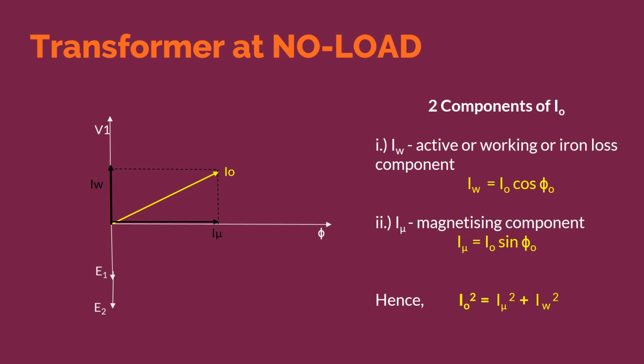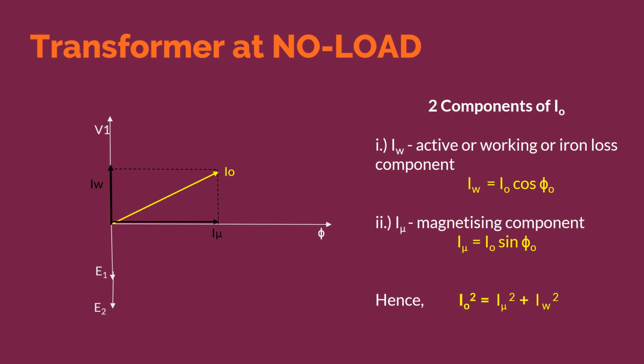The no-load condition of an actual transformer is shown vectorially in our figure. As you can see, the primary current I sub O has two components: the I sub W, or the active or working or iron loss component, and the I sub mu, which is the magnetizing component.